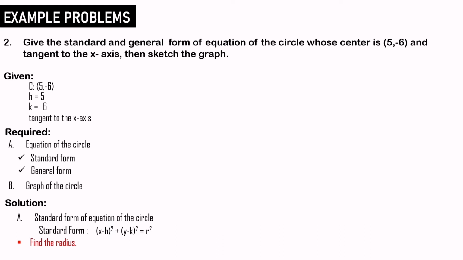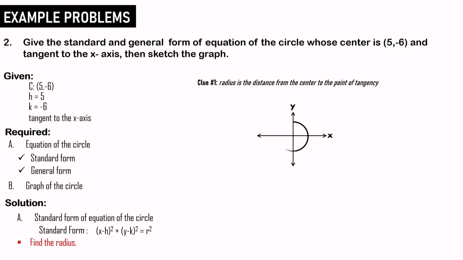Okay, so, let's have clues. So, clue number 1, si radius kay mauna siya ang distansya gikan sa center padulong sa point of tangency. So, na-imagine ninyo? So, kung naa kay circle, and then naa kay tangent line, ang distance gikan sa center padulong aning imuhang point of tangency kana siya na length mao na ang radius.